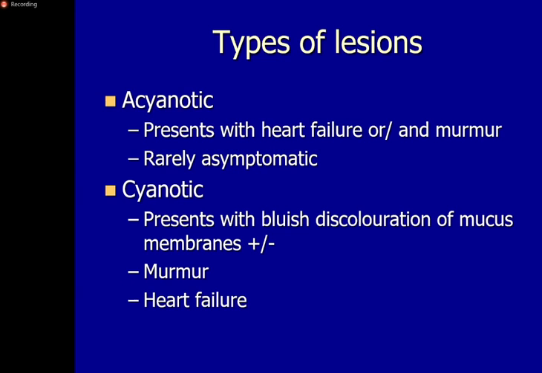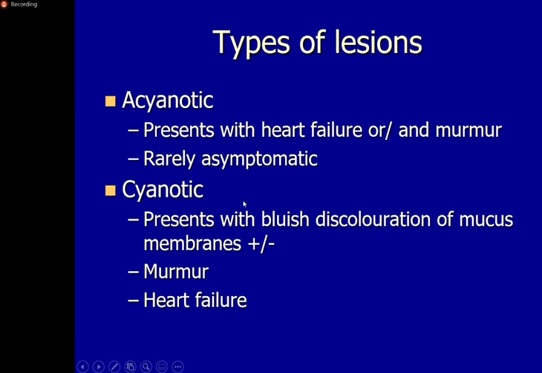When you have peripheral cyanosis, it could be either a congenital heart disease, or it could be cold peripheries with poor circulation. If you are having only central cyanosis, of course it's mainly a heart or a lung problem. Then you will have the murmurs, and heart failure features also in cyanotic heart diseases.